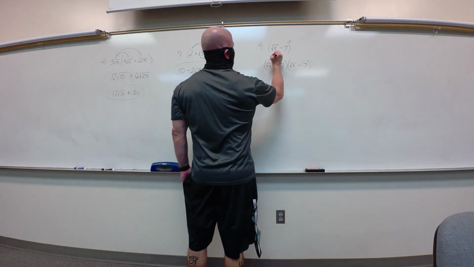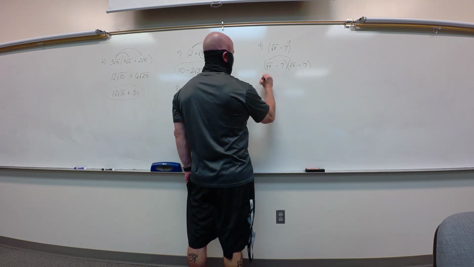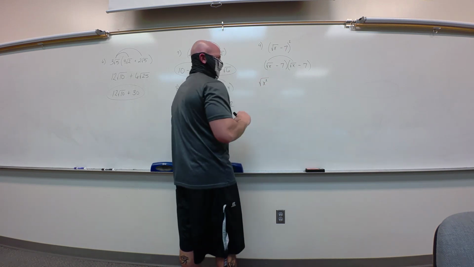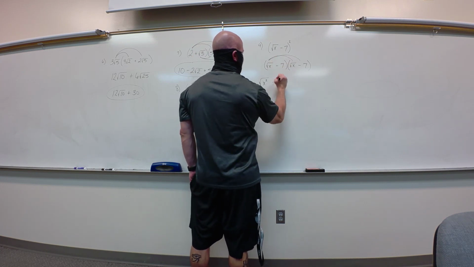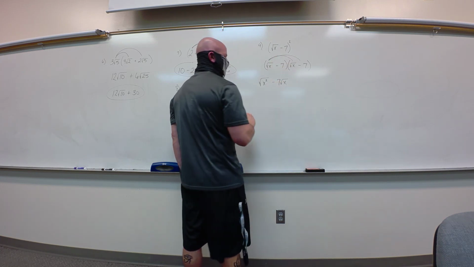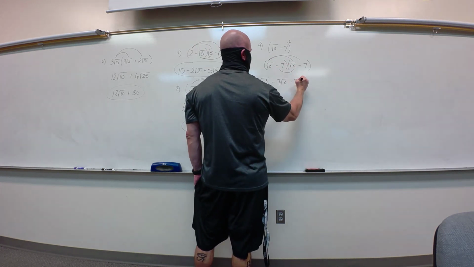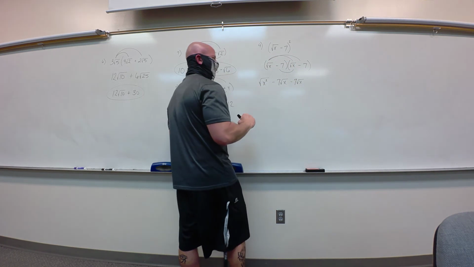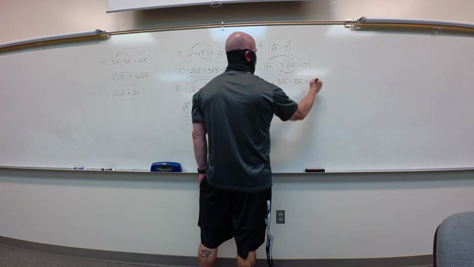So I'm going to have root x times root x. That would be root x squared. Root x times negative 7, minus 7 root x. Come back, negative 7 times root x, negative 7 root x. And negative 7 times negative 7 is plus 49.